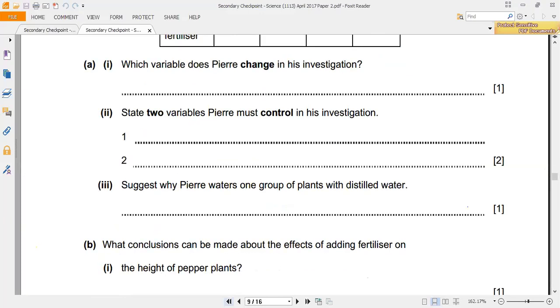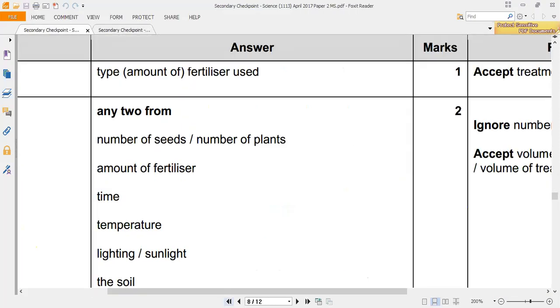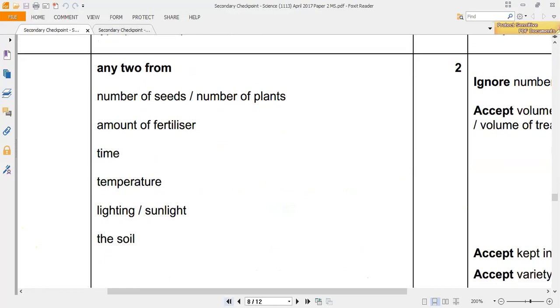A2, state two variables Pierre must control in his investigation. The same question in the same year, it's a repeated question because he's asking here about the controlled variable. In paper one, he also asked about the controlled variable. You can mention anything that should be kept constant: number of seeds, number of plants, amount of fertilizers, time, temperature, light intensity, soil.